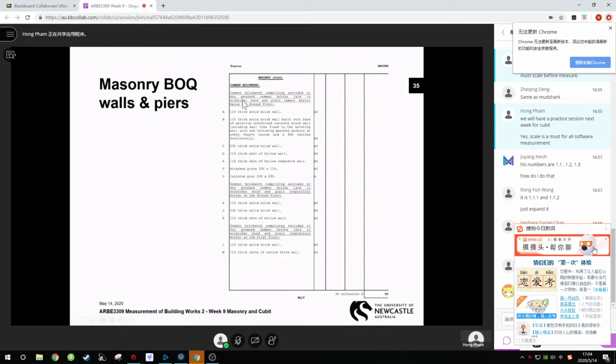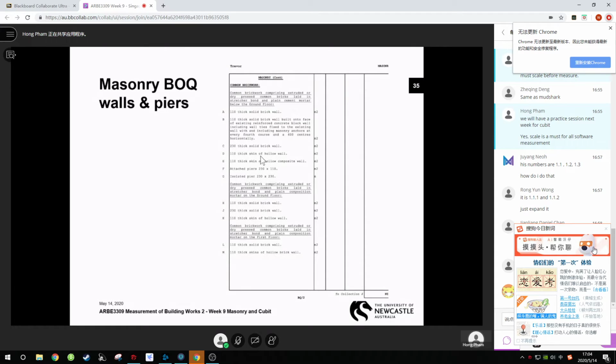You see, they follow common brick as the big heading, and they have these descriptions in the ground floor, and come with the types of solid brick, thickness, and skin of hollow wall thickness. So you have to see the drawing to take it off, to see whether there is any solid brick wall at that location, or any skin of hollow walls at that location. You understand what I mean?